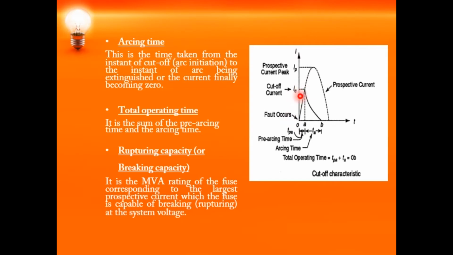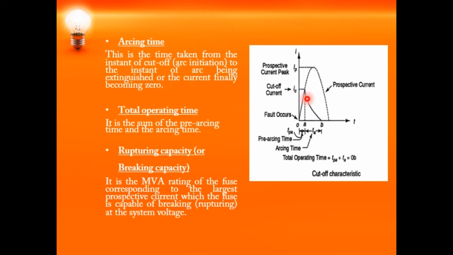Because of the heat generated by the fault current, the fuse element will melt and an arc will be initiated. After a brief arcing time, the current will be interrupted. The cutoff current depends upon the rated current, the prospective current, and the asymmetry of the fault current waveform.